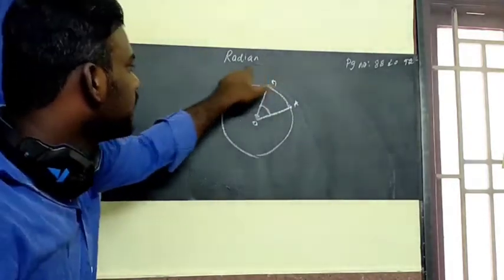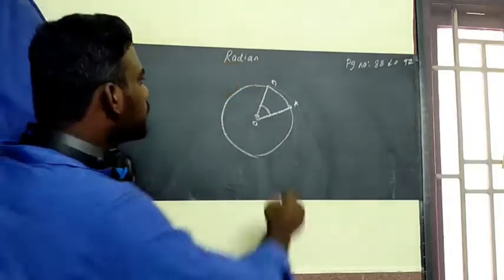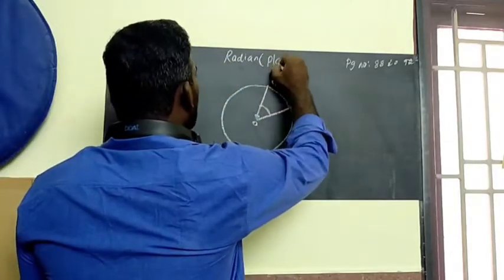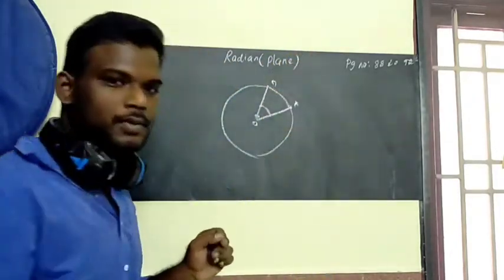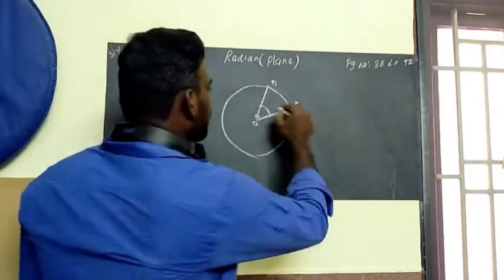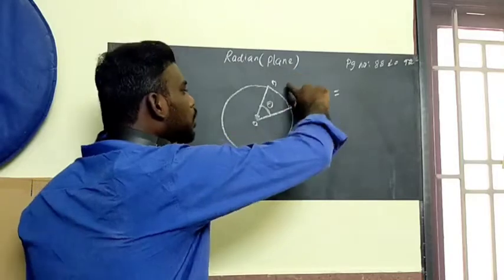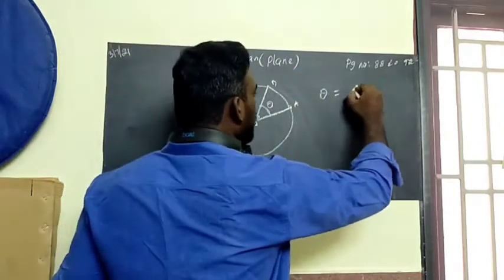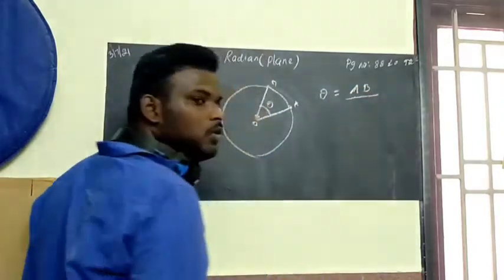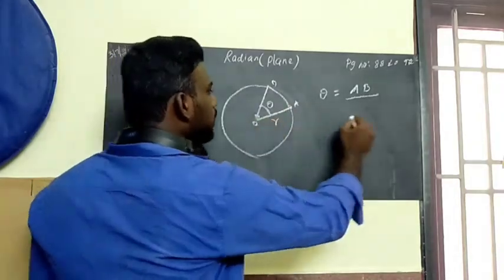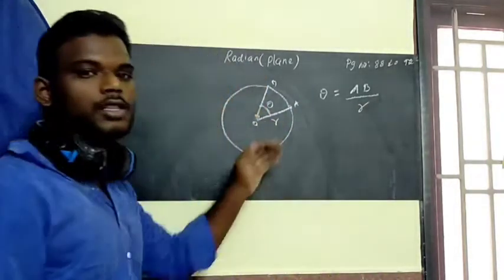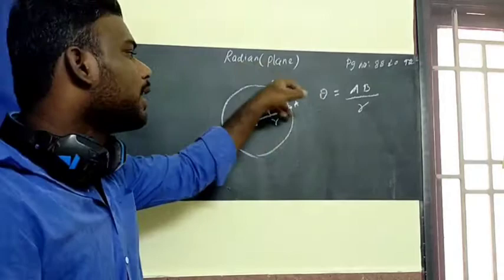So this angle is called a plane angle, and here we get theta. It is defined as: when you divide the arc length by the radius of the circle, it is known as a plane angle or radian.